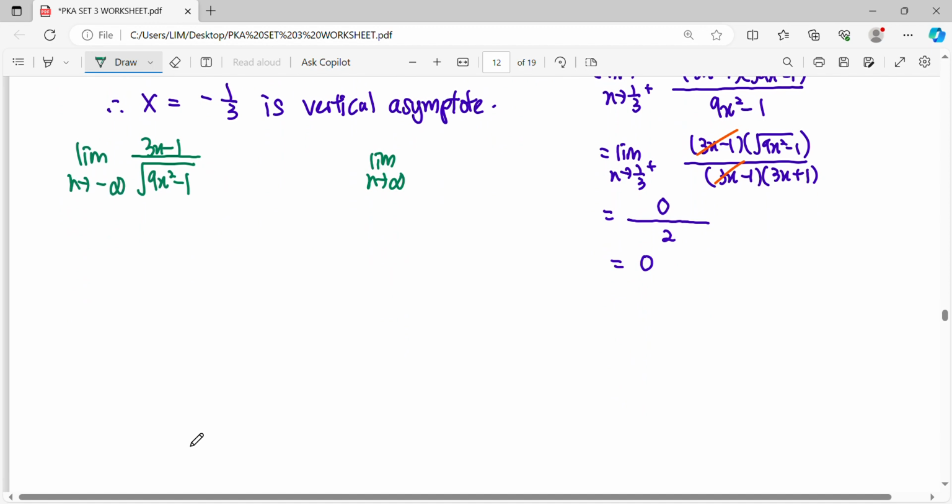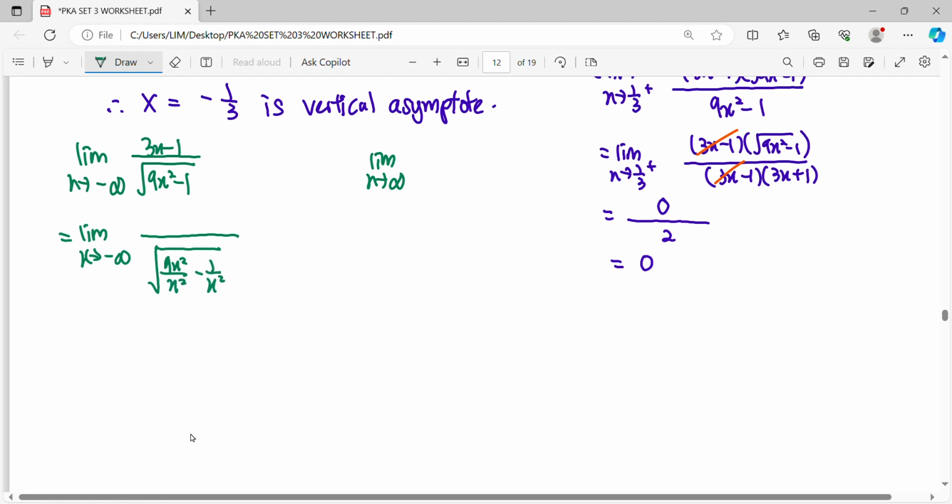It is IDF, infinity over infinity. How do we simplify this? We'll divide by the x, right? But following the third form, we are going to divide by x squared.